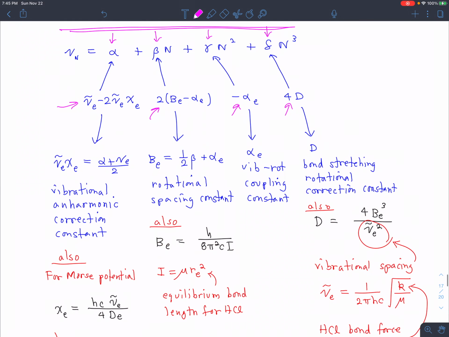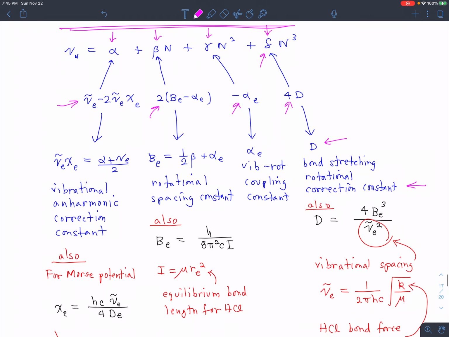And so the third order coefficient gives you this quantity d, which is the bond stretching correction constant, right, from the rotations. The second order coefficient gives you alpha sub e, which is the coupling constant between the rotations and vibrations.